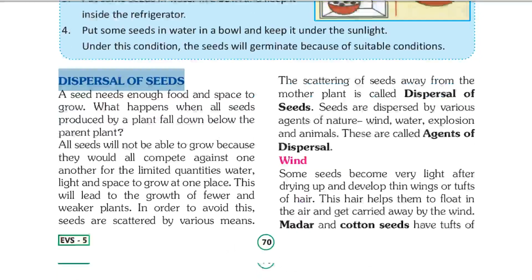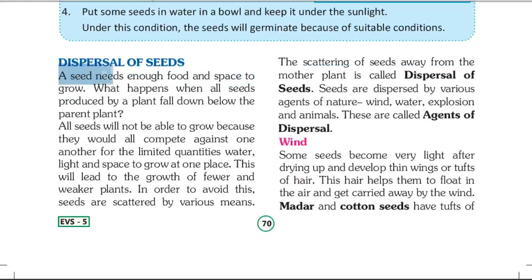Dispersal of seeds. A seed needs enough food and space to grow. What happens when all seeds produced by a plant fall down below the parent plant?